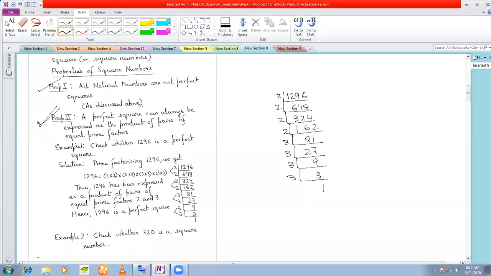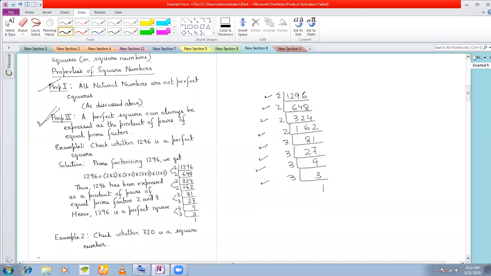Because whatever factors are there, all these factors are prime numbers. That is why the process is called prime factorization, because we are breaking 1296 into its constituent prime factors.